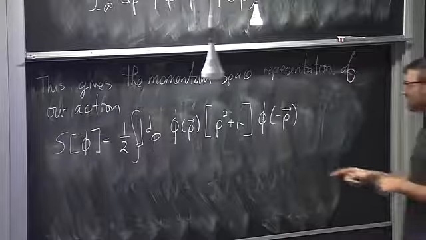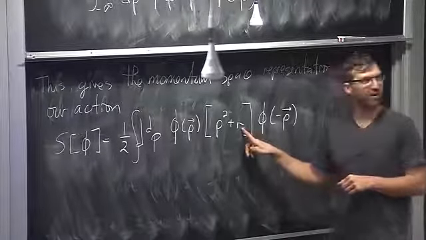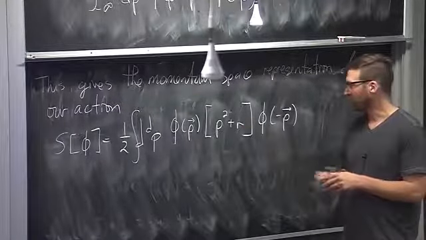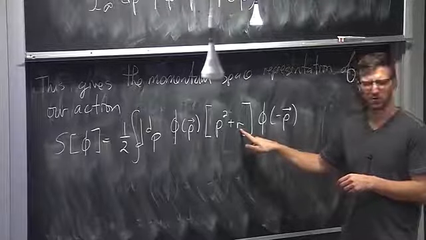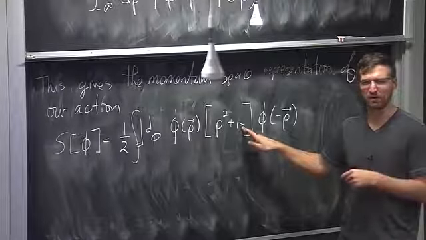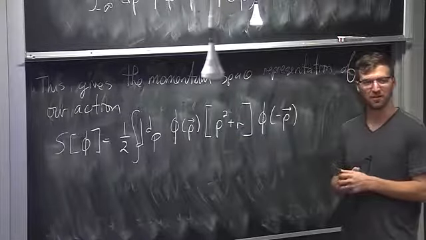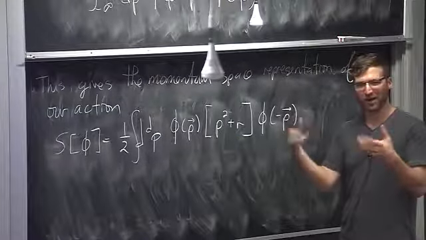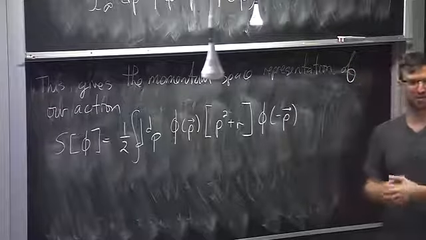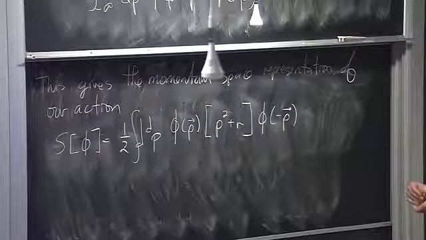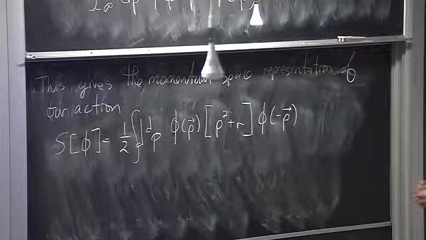That r, I'll tell you about it some other time, but that r is just the mass of a Klein-Gordon field. So people will write an m or an m squared here, I forget. Yeah, probably m squared. So you'll just see p squared plus m squared sometimes. And r is just a parameter that I absorbed all these other factors into. You can imagine it coming from the microscopics.